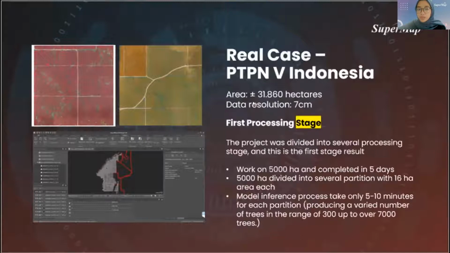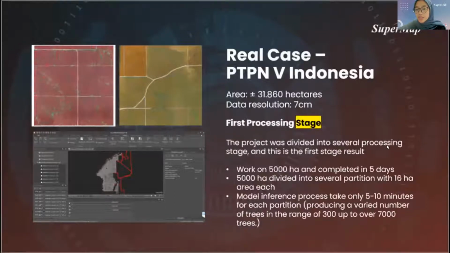We needed to do the calculation for more than 31,000 hectares, and the data resolution is quite high, 7 centimeter. We did the processing in more than one stage because the device specification at the time was not that high.